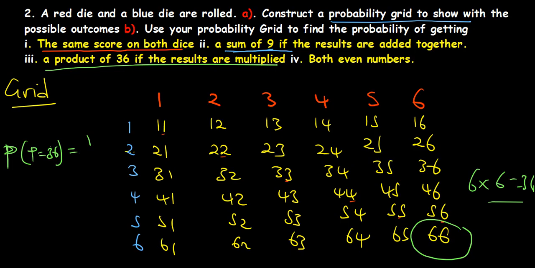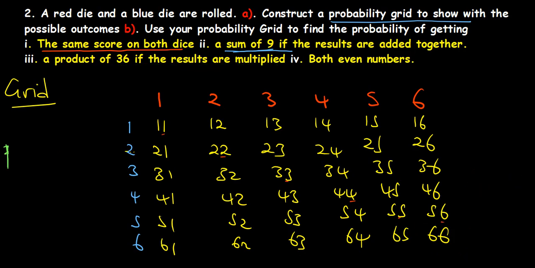Okay, and then let's look at the last one. So the last one, they're saying use your probability grid to find the probability of getting both even numbers. So both even numbers means that those numbers should be divisible by 2.